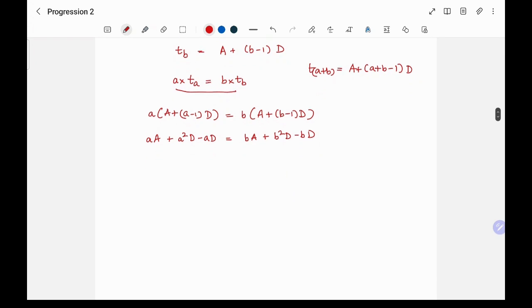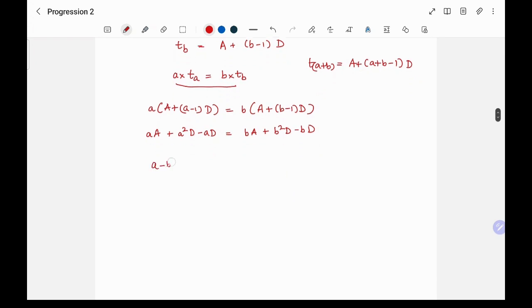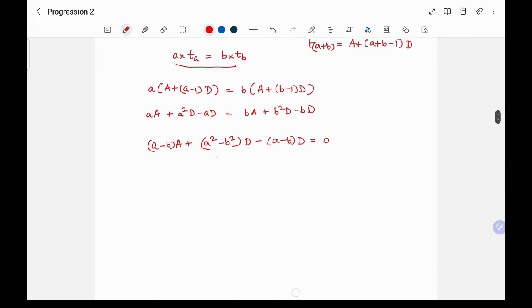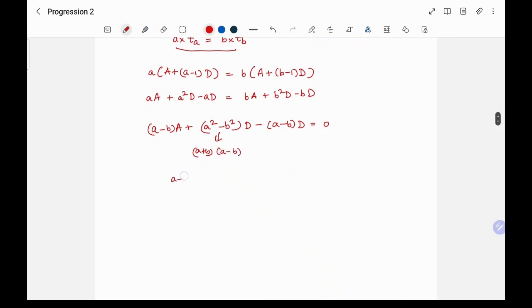We'll take everything to the same side. a minus b into A plus a square minus b square into D minus a minus b into D is equal to 0. So this can be written as a plus b into a minus b. So a minus b is common. So a minus b into A plus a plus b into D minus D is equal to 0.